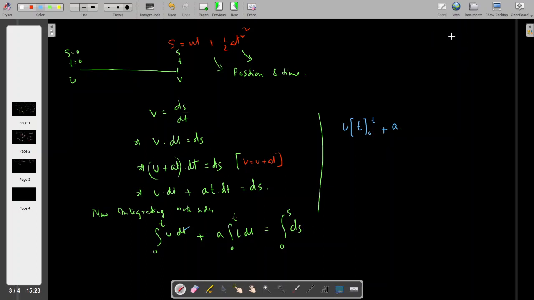Integration of x dx is x square by 2, so we will just remember it. Suppose it is integration of x cube dx, then it will be x to the power 4 by 4. If it is the integration of x to the power 5 dx, it is simply x to the power 6 by 6.